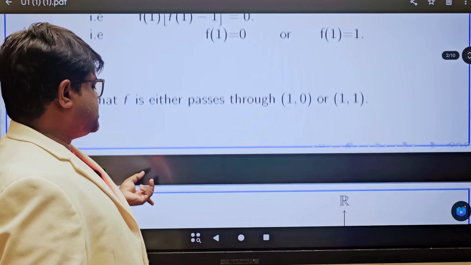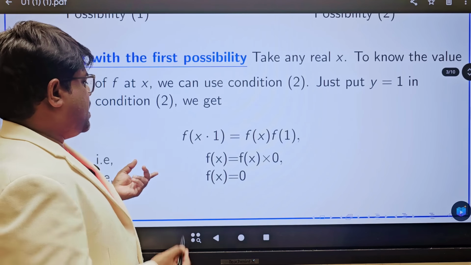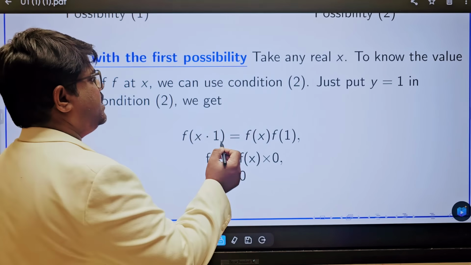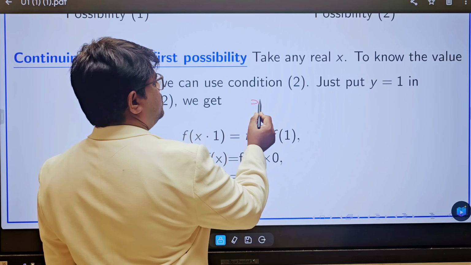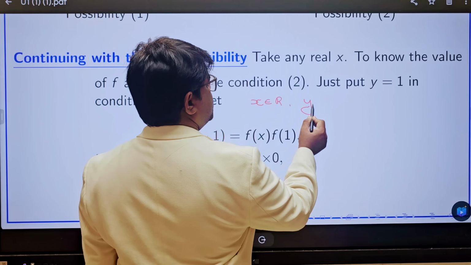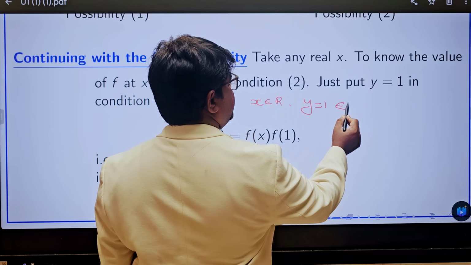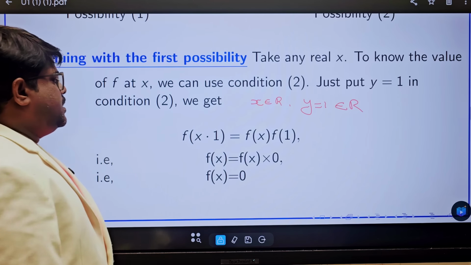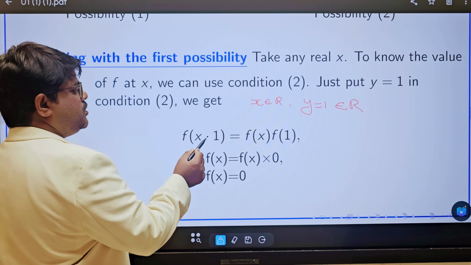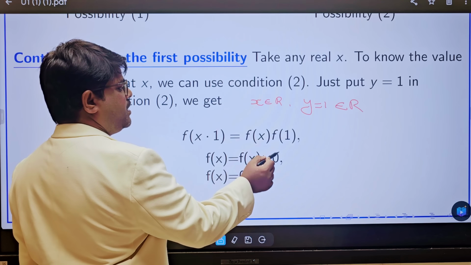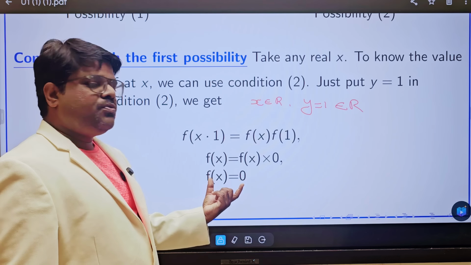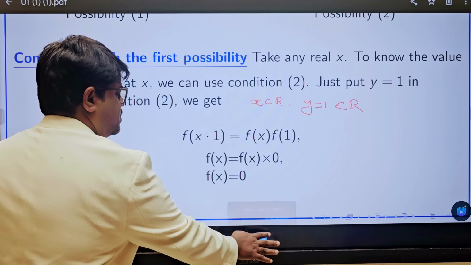So x belongs to the real numbers and y equals 1 also belongs to the real numbers. Therefore, using condition 2, f of x into 1 equals f of x into f of 1, but we know that the value of f of 1 is 0, so f of x equals 0.